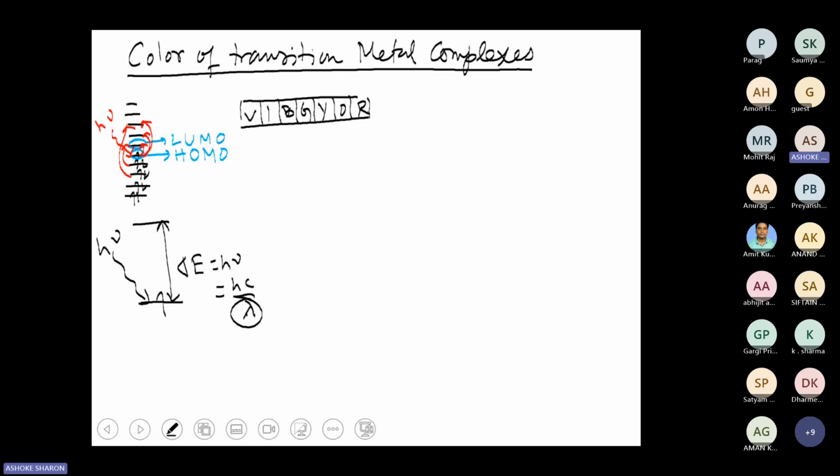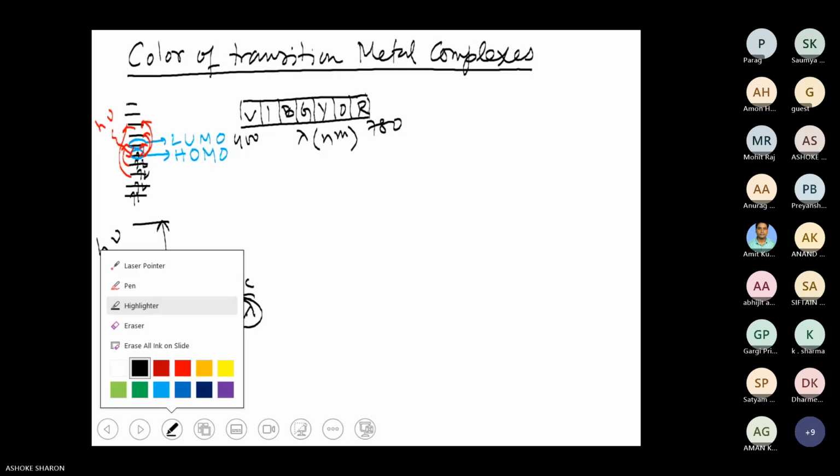Okay, this is the visible spectrum. It starts from lambda at 400 nanometers and ends at 780 nanometers. Now, depending upon this lambda, if the energy of separation is high, if the value of delta E is high, then light from this region will be absorbed.